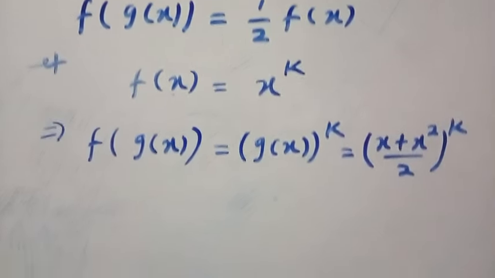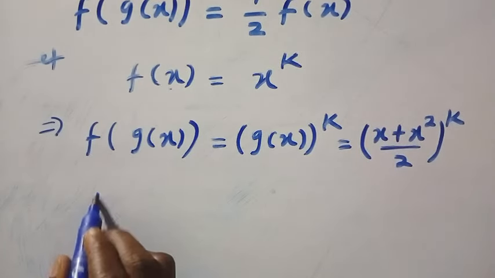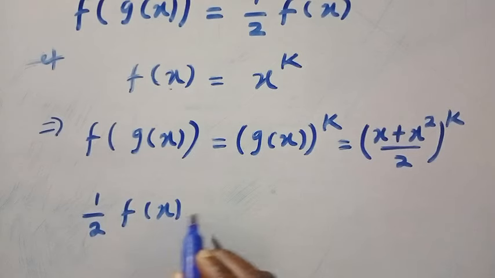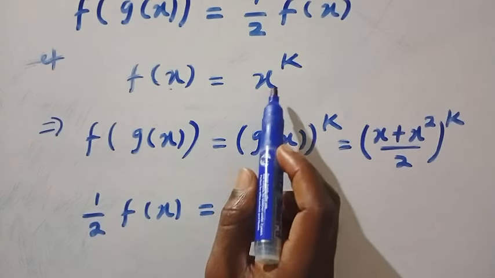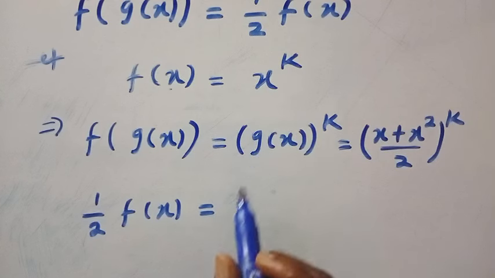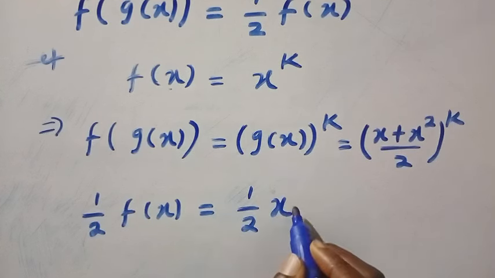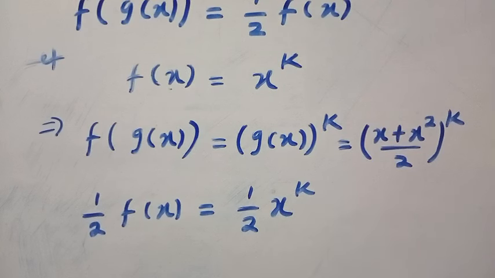Similarly for the other side, 1 divided by 2 f of x, where f of x is x raised to the power of k, gives 1 over 2 x to the power of k.